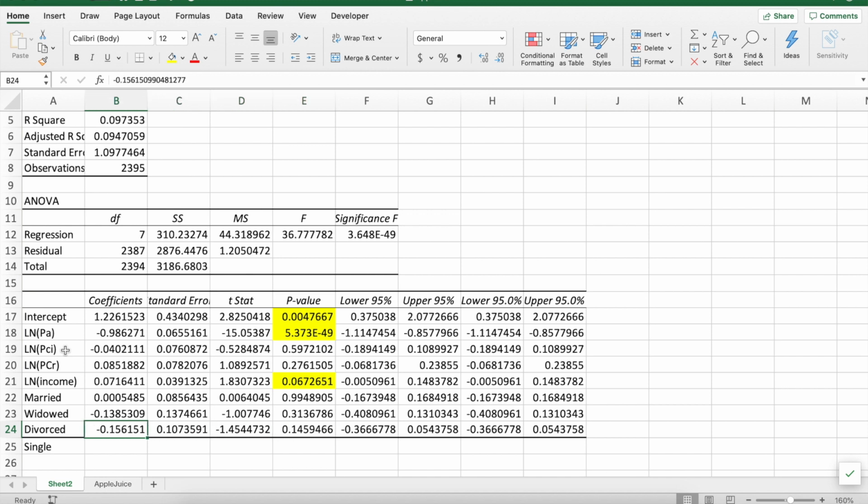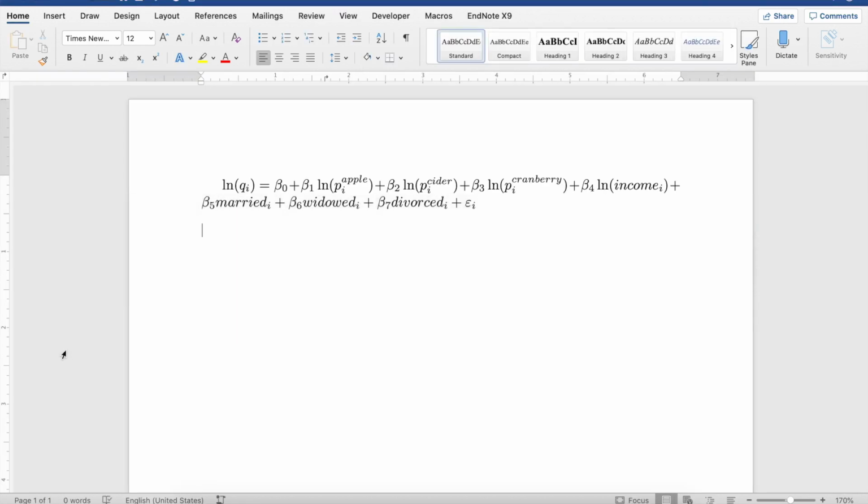Well, remember that, I'm going to flip back to the model. The dummy variables are linear, right? We didn't do anything to them, we just kept them as they are. And the quantity variable here is logged, which makes this a log linear model for the dummy variables.